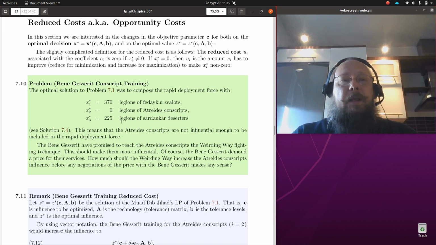This means that the Atreides conscripts are not influential enough to be included there. Now we have the Bene Gesserit. They have promised to teach them the Weirding Way fighting technique that would increase their efficiency or influence. And now the question is, how much should this Weirding Way improve? That is, in this case, increase the efficiency of Atreides conscripts in order to make it reasonable to have them in the rapid deployment force.